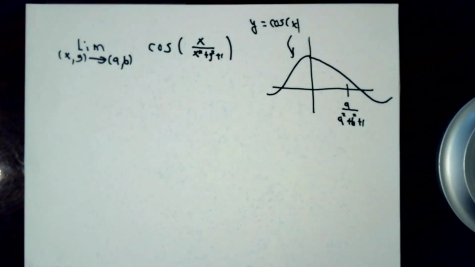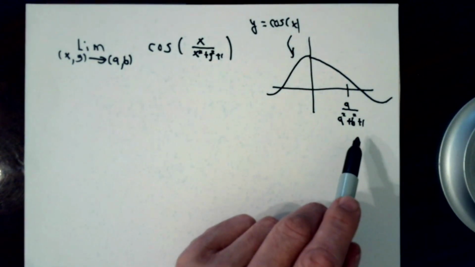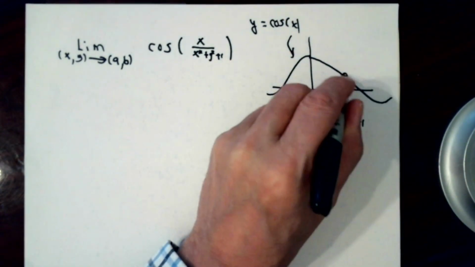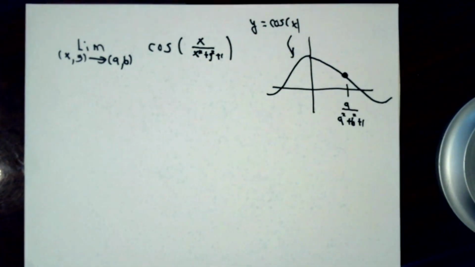Drawing in the number that I'm going to put into the cosine, a over a squared plus b squared plus 1, on the ordinary calculus 1 graph of the cosine function, there will be a spot of the graph to go with it.